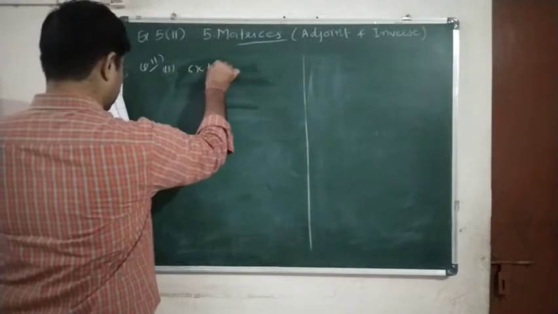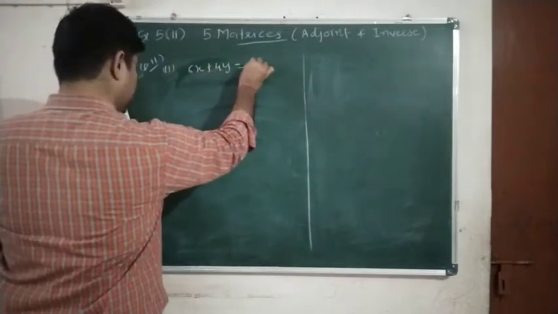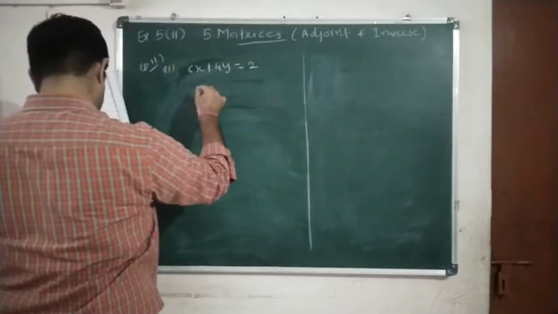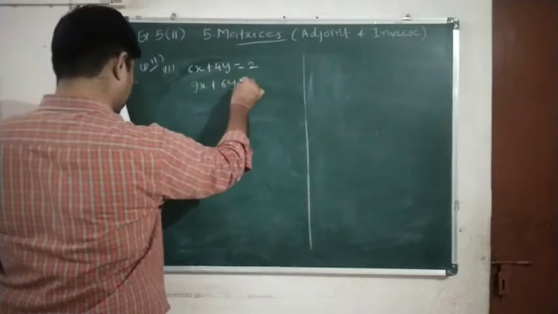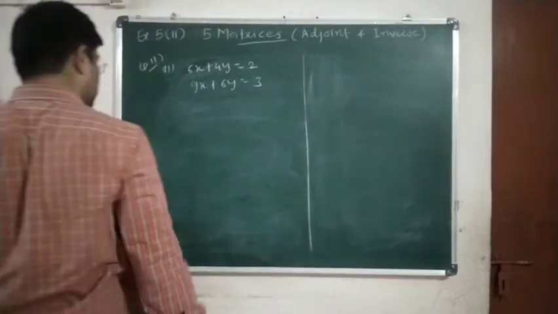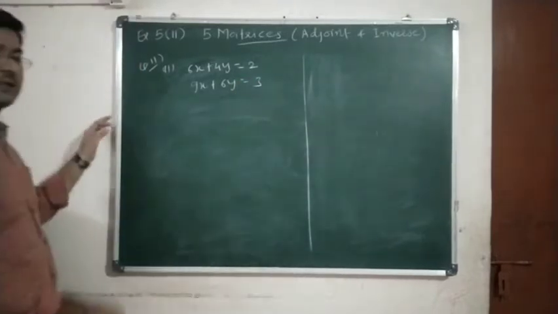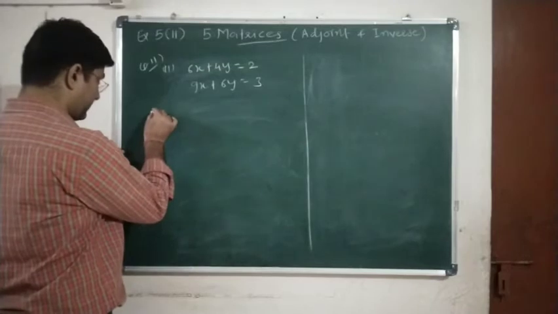We have 6x plus 4y is equal to 2 and 9x plus 6y is equal to 3. Let us write it as a matrix equation.